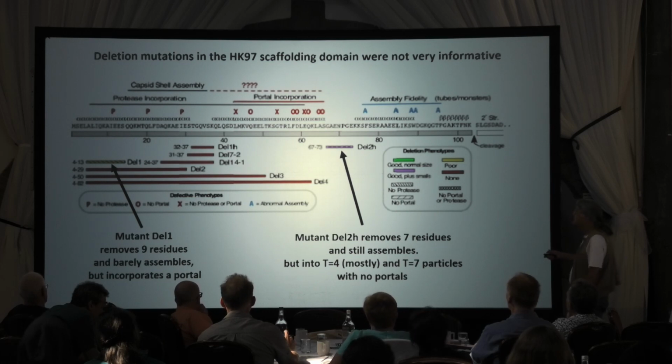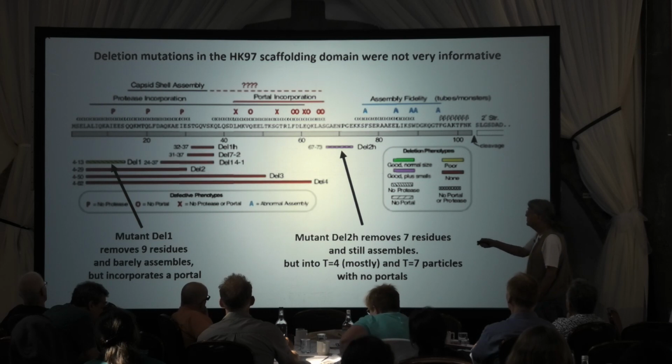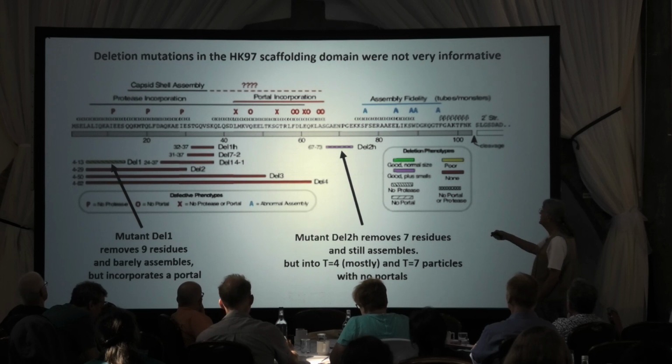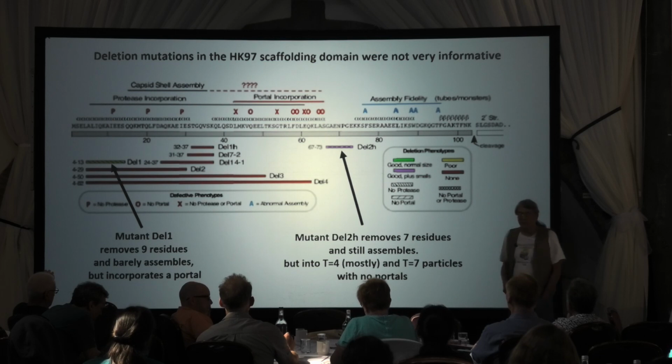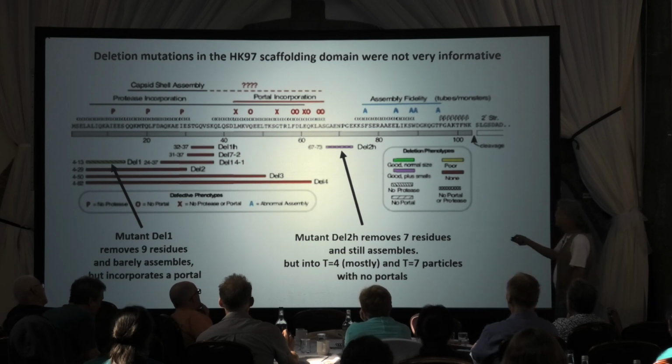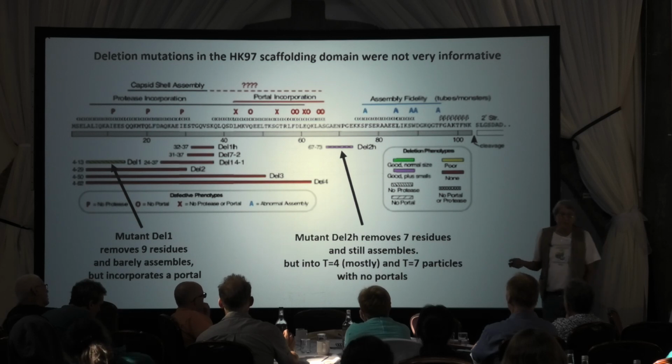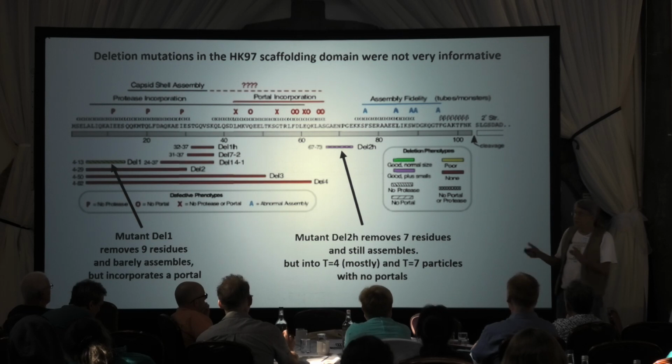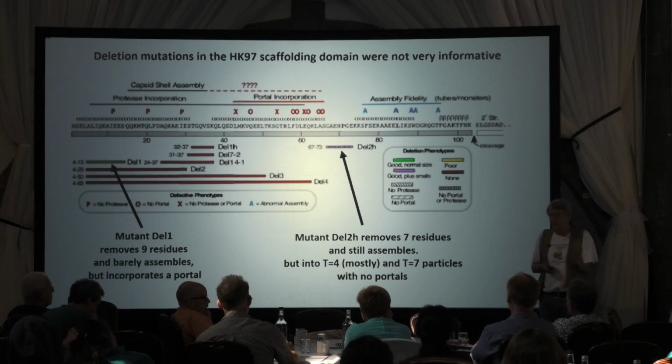She made 2 other mutations, taking this prediction that we had at that time, where she removed the part that was predicted to be not alpha helical. She called them delta first hinge and delta second hinge. Delta first hinge was a bust. Delta second hinge actually made particles, but that deletion is the one that made the mixture of T=4 and T=7 particles. And we actually don't understand why that's happening, and we would like to.